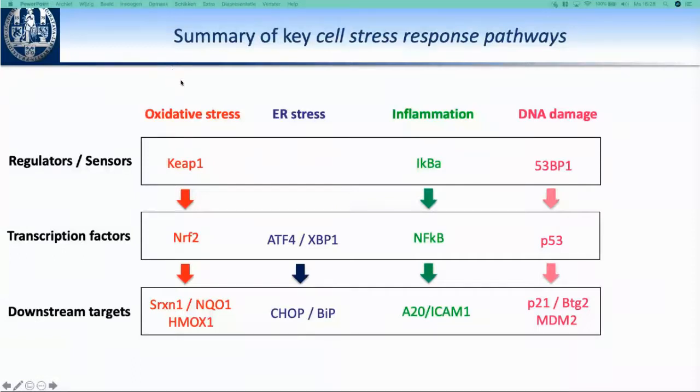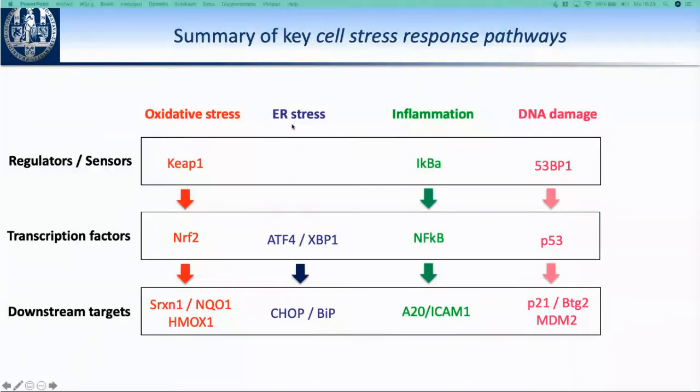They are regulated by a certain sensor, which controls the activity of transcription factors of these four different stress responses, which leads to the activation of certain downstream target genes, enabling the cell to remove this type of stress and to restore homeostasis. So if you can map the activation of these different pathways by looking at these specific genes at different levels within these pathways, we can have more insight into how these nanoparticles induce stress inside these hepatocytes.